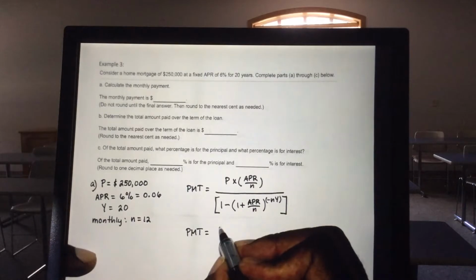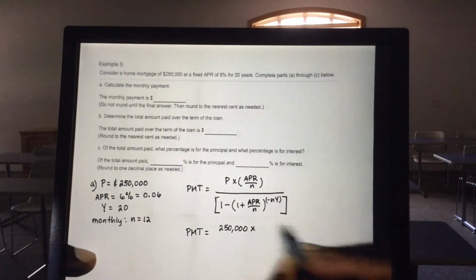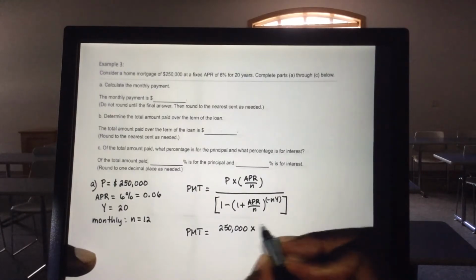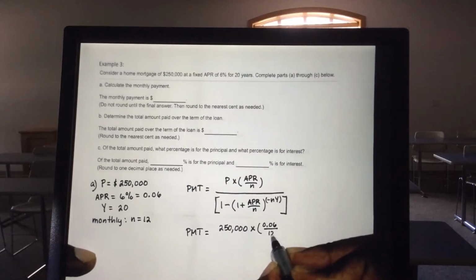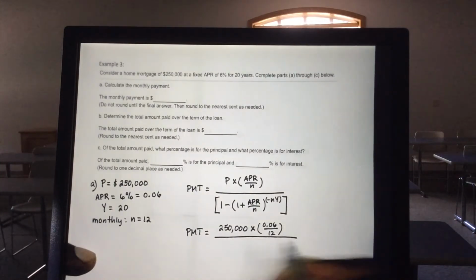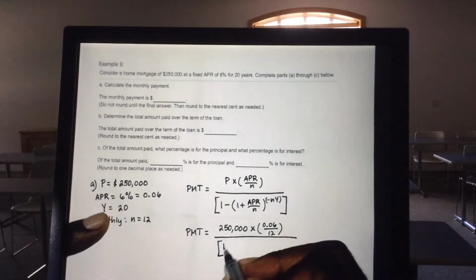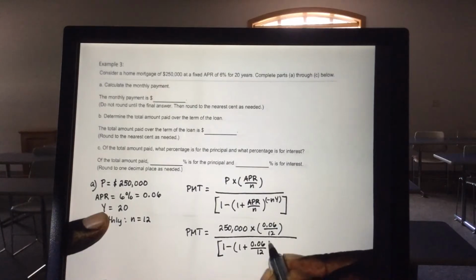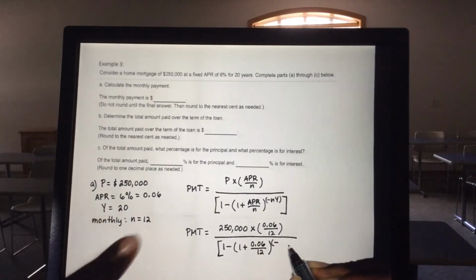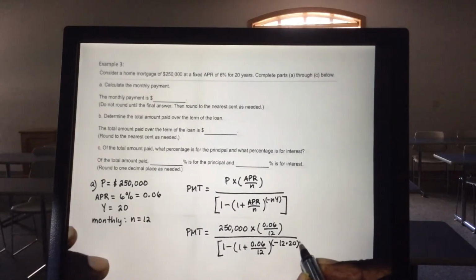If P is 250,000 times the APR, which was 0.06, over N, which is 12. Now all that's going to be divided by 1 minus 1 plus the APR, again of 0.06, divided by 12, raised to the negative, N is 12, times Y is 20.